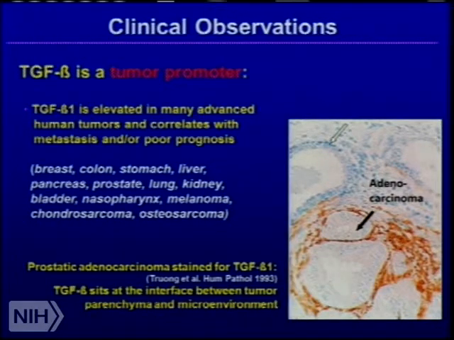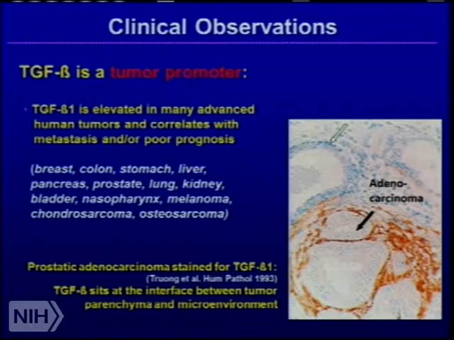Clinically, TGF-beta has also been shown to have tumor promoter activities. For example, TGF-beta1 has been shown to be elevated in many advanced human tumors and has been correlated with metastasis or poor prognosis of cancer progression. And these include such tumors as breast, colon, stomach, liver, etc., as well as the lung.